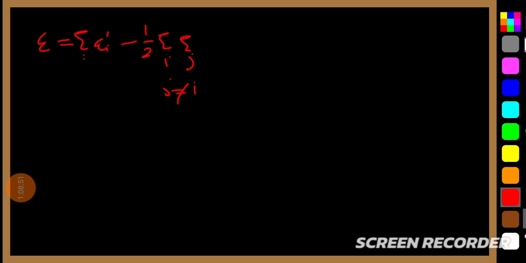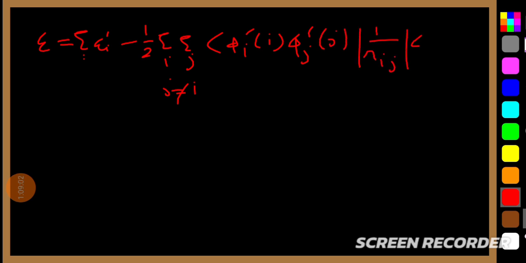Okay, so overall what will you get? Overall you get epsilon equal to summation of i epsilon i dash, minus half of summation over i, summation over j, where j is not equal to i, within a Dirac bracket phi i dash of i, phi j dash of j, 1 by r suffix ij mod, phi i dash i, phi j dash j, Dirac bracket close.